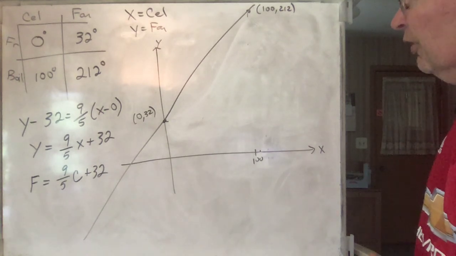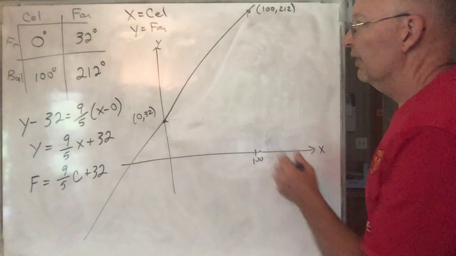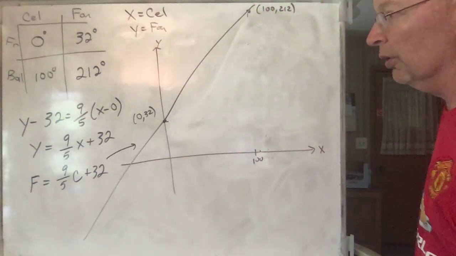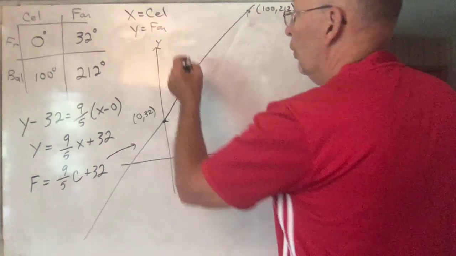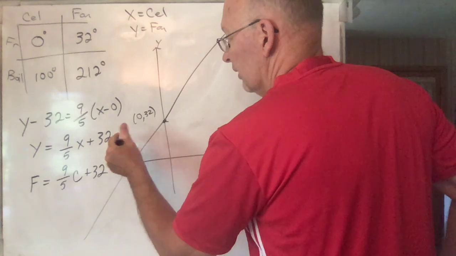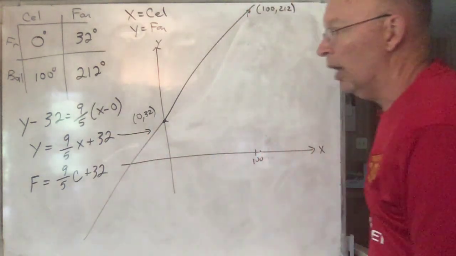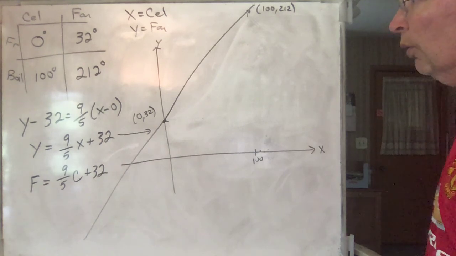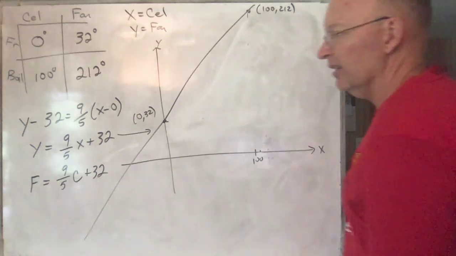Okay? So here's basically what we have to do. This is the line F or whatever, Y, I guess I have in terms of Y and X here. So here's the line right here. There's the line, Y is equal to 9/5 x plus 32. I want to know, when are those two readings the same?